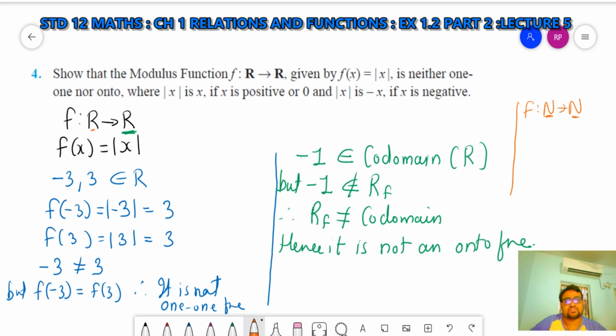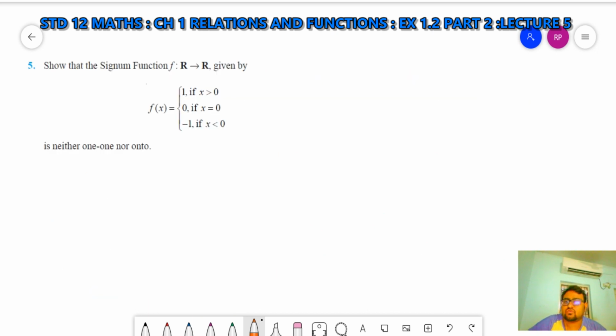Okay, now let's move to the next question, that is question number 5. So the signum function f from R to R is given by f(x) equal to... let me write this down. Here the function f is from R to R. What is f(x)?